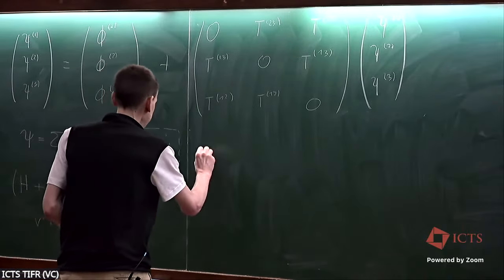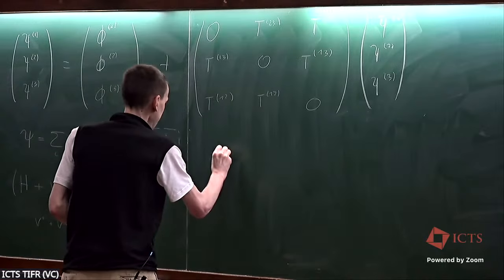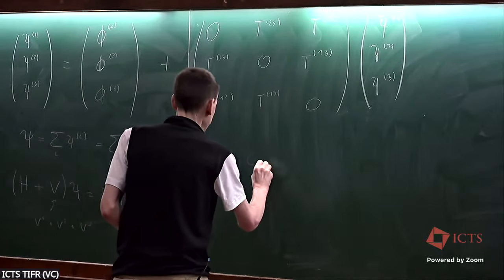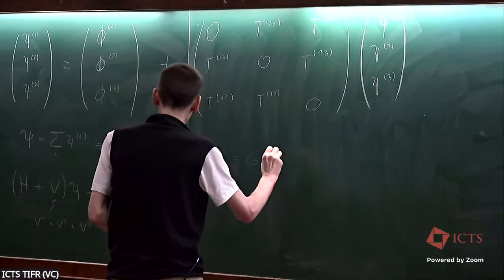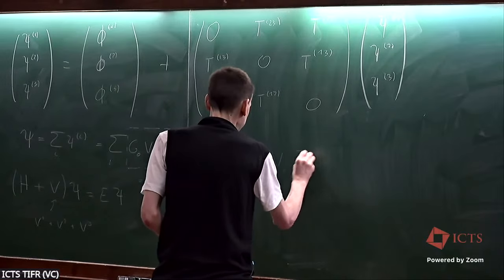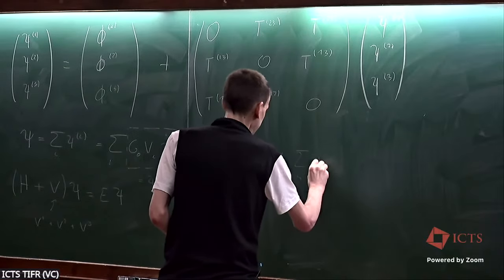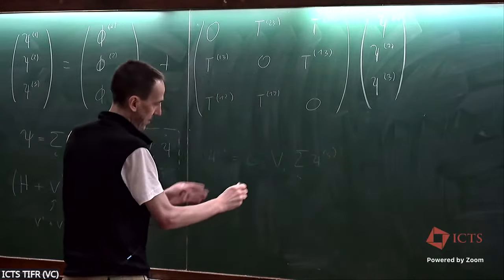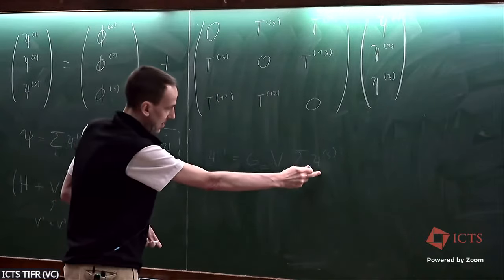So I get psi I is equal to G naught V I, and then a sum over all other psi j's. I can single out one of them, which is identical to the component I'm looking at.